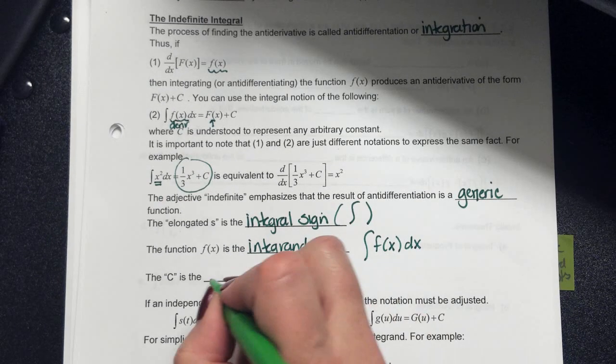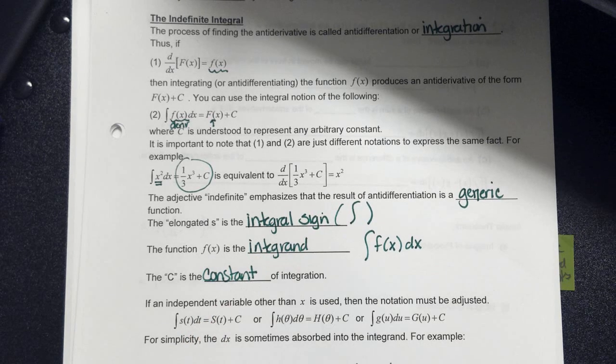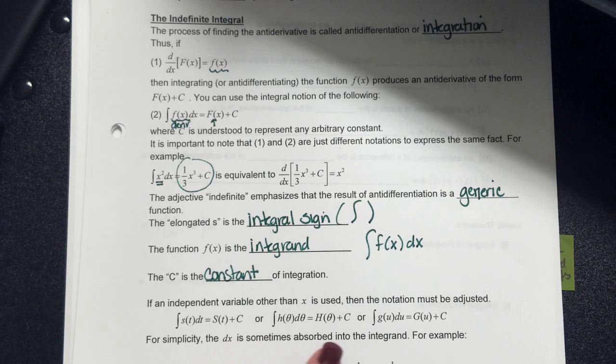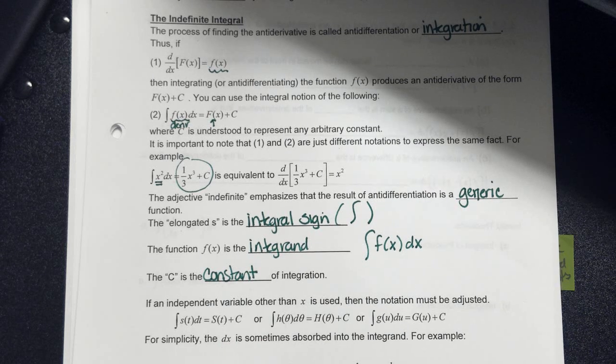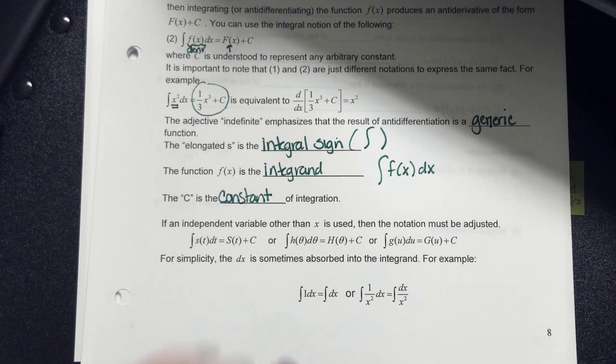C is your constant of integration. You may have other variables used, so you'd have to adjust if you're using different variables. The dx is sometimes absorbed into the integrand. For example, 1 times dx may just be written as dx, or 1 over x squared dx may be dx over x squared.